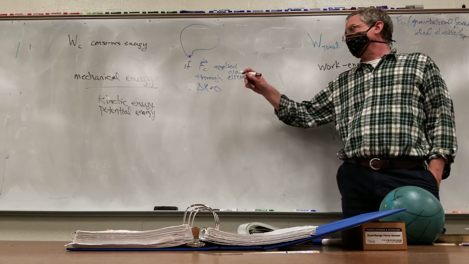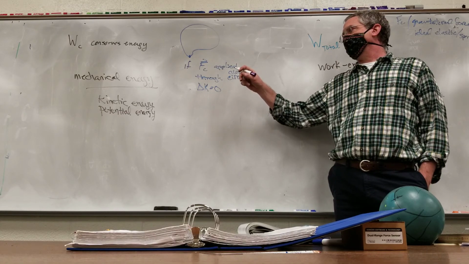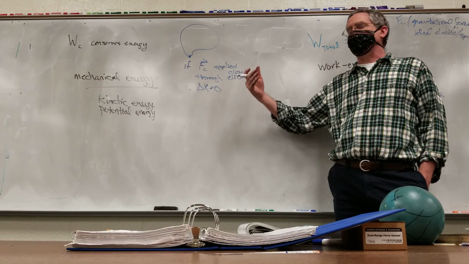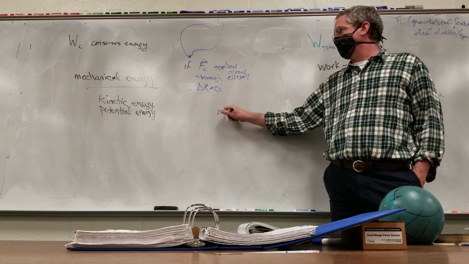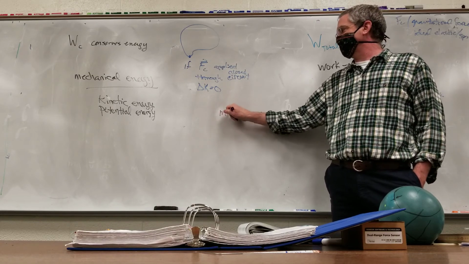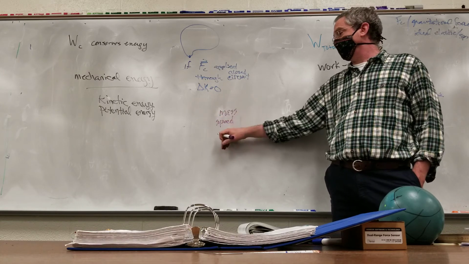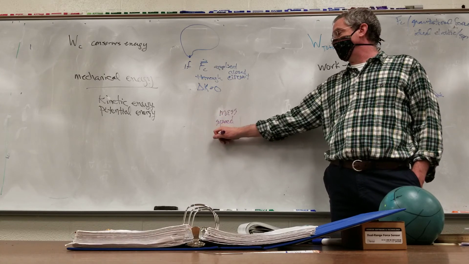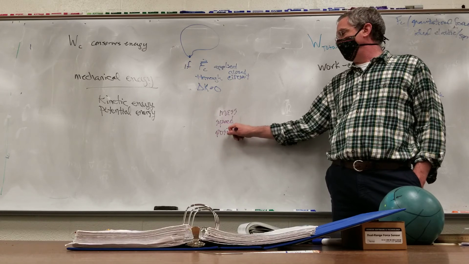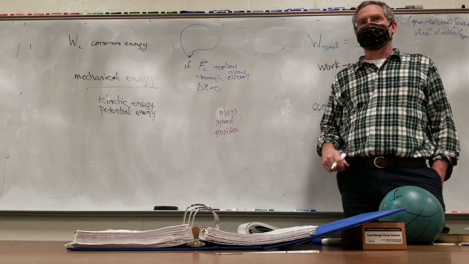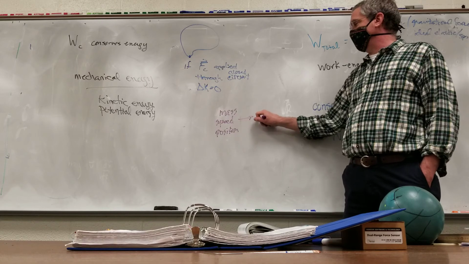But in classical physics, all objects have mass. They have some speed, could be zero, that is a speed. And they have a position. The speed relates to kinetic energy.